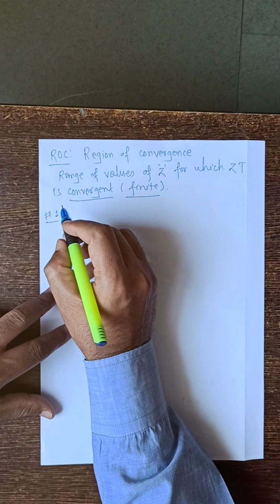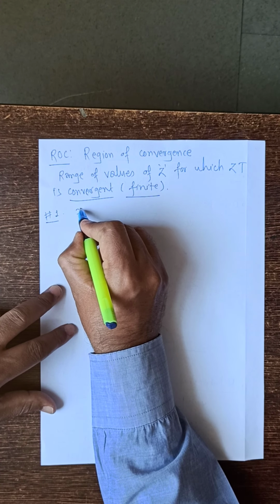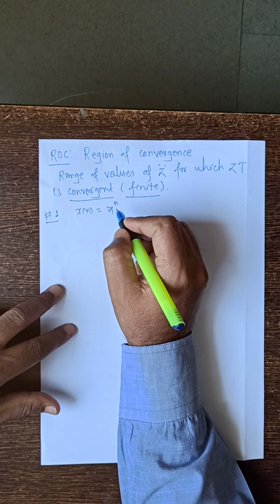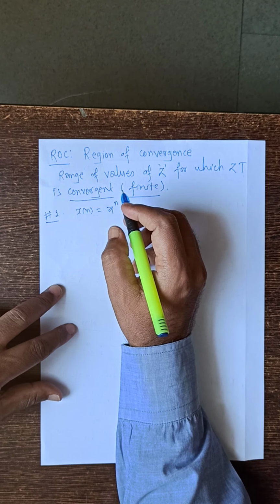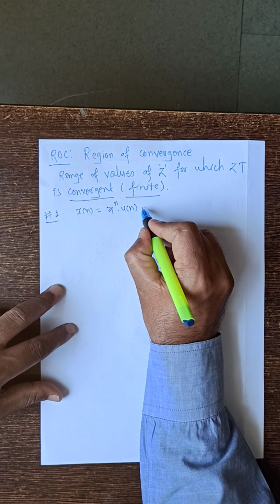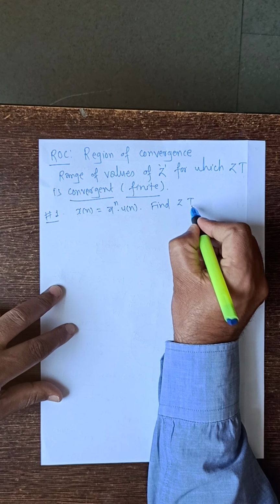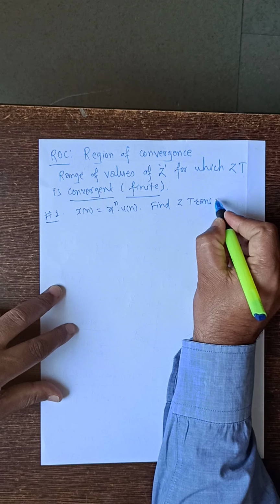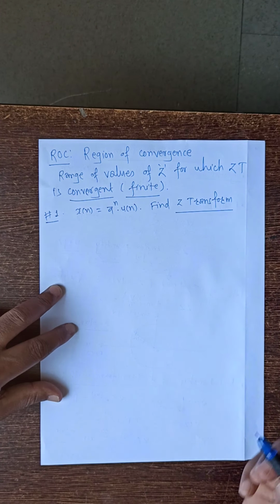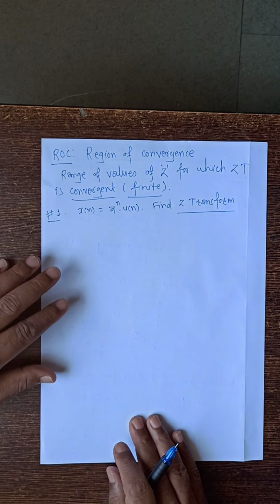Example number 1: x[n] is equal to a raised to n into u[n] is given, then find the z transform. Okay, so x[n] is equal to a^n u[n] is given, and we have to find the z transform of it.